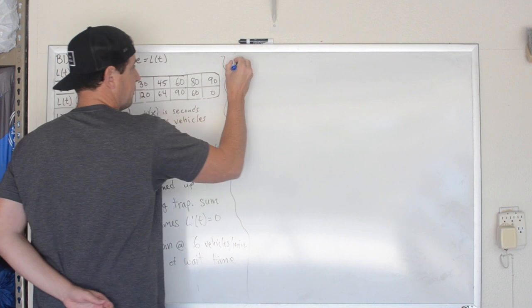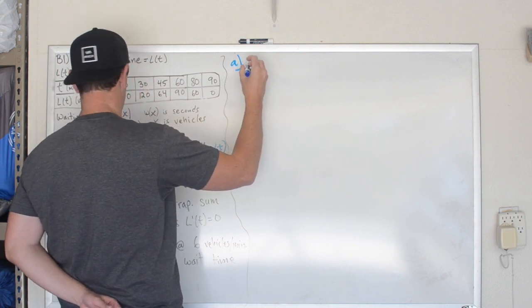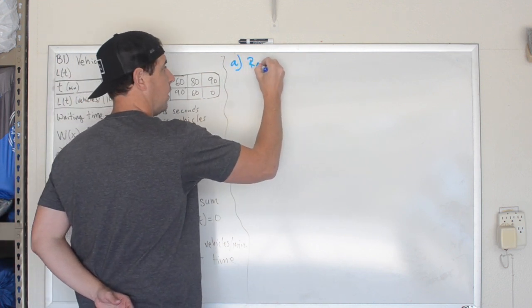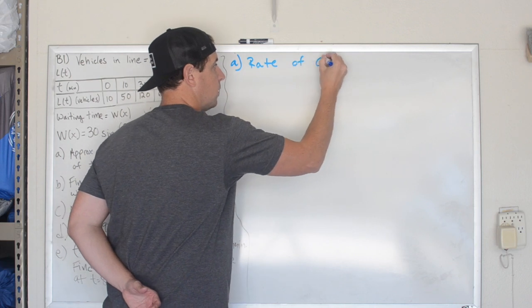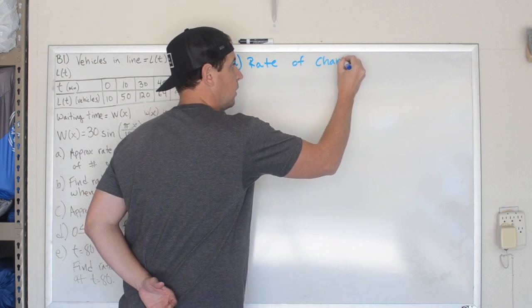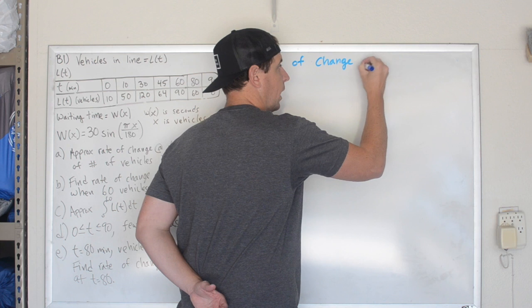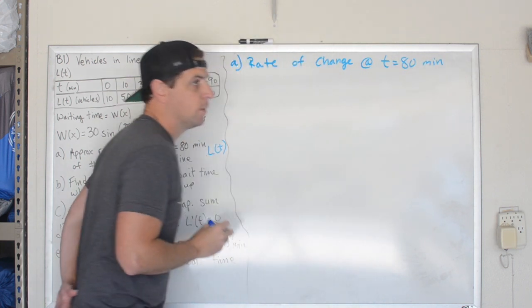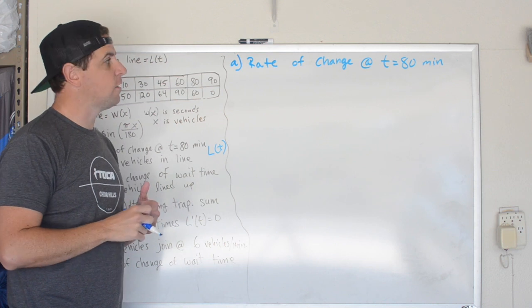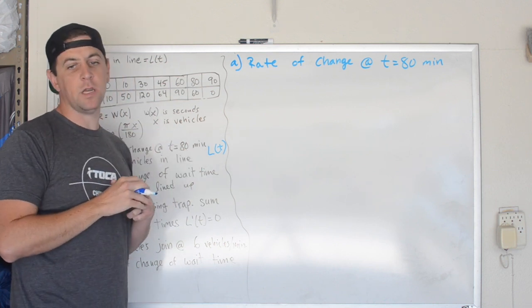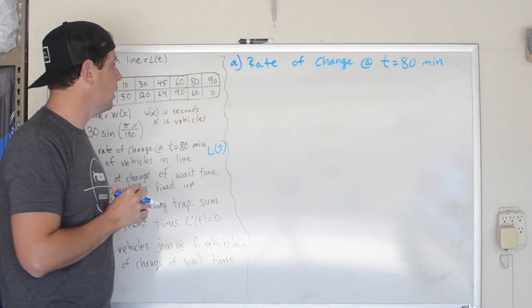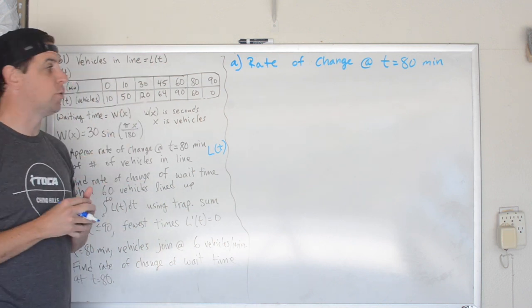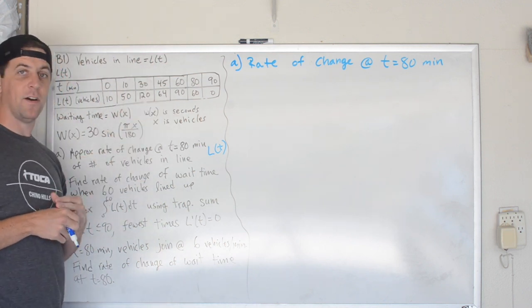So for part A, I want the rate of change at t equals 80 minutes, and they said approximate. The reason we have to approximate is because to find an exact rate of change, we would need the derivative, and although they told me L of t is differentiable, from a table of values we can't find the derivative.